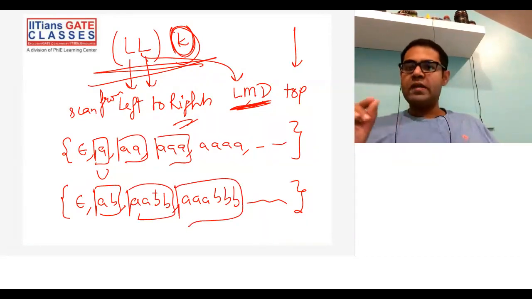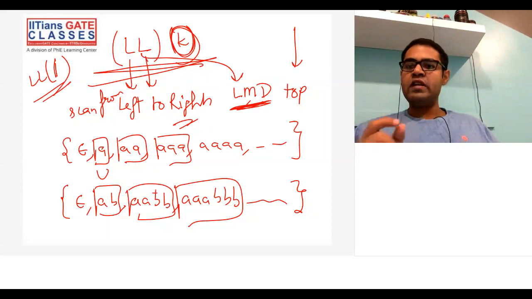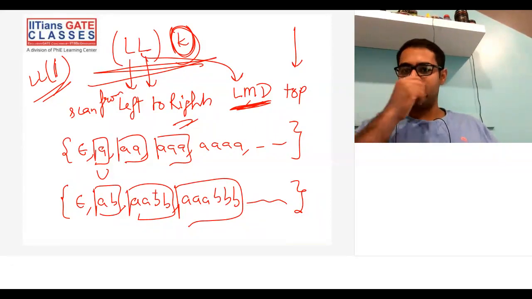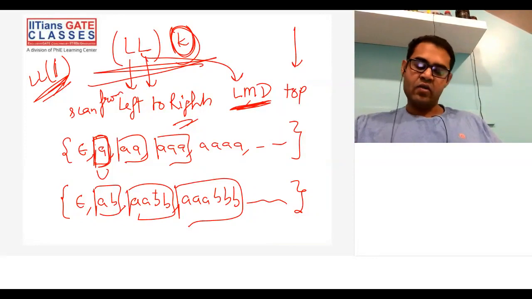Let me put some value for K. Say my parser is LL1, that means I can only see one look ahead, and I have to decide which path I should take. So if you are at string AA, that means you are currently at this A and you're trying to look one look ahead.